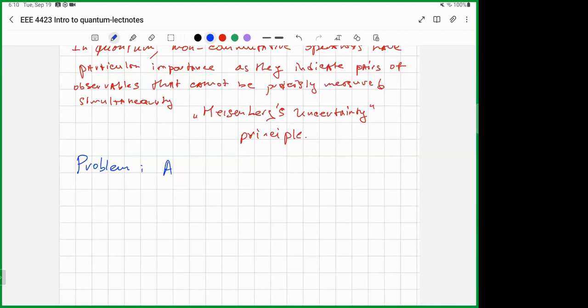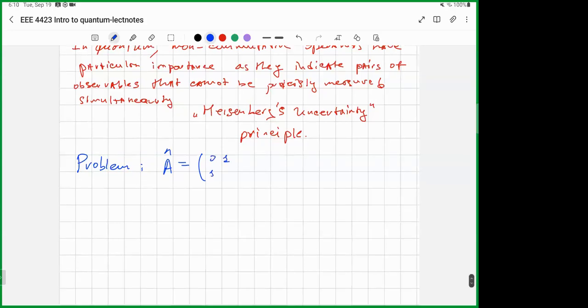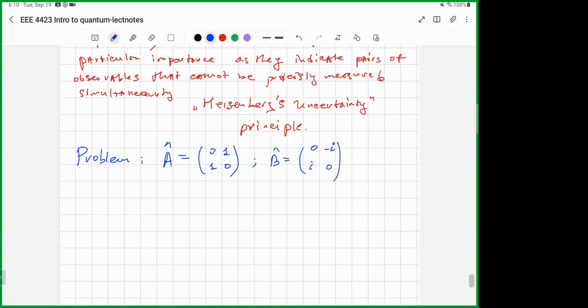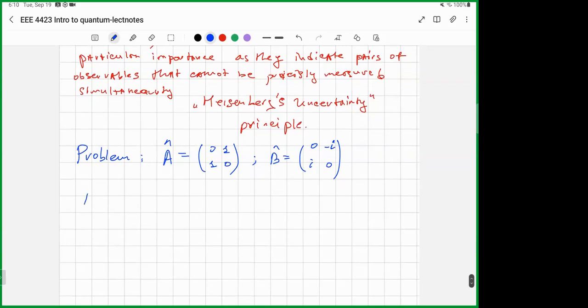Suppose I have two operators, A that is given by the matrix 0, 1, 1, 0, and another operator B, 0, minus I, I, 0. Simple two operators, and let's check if A and B commute.